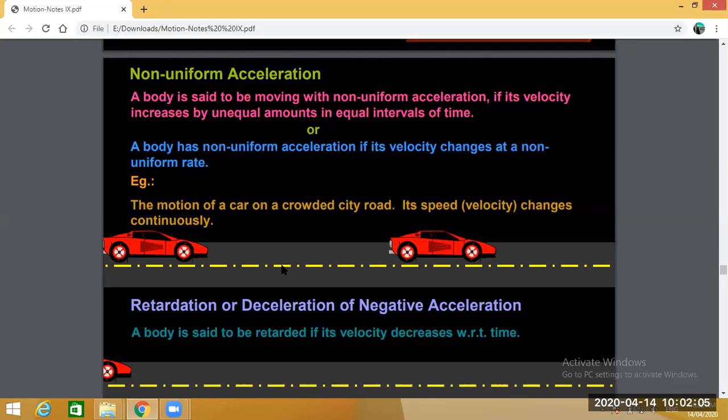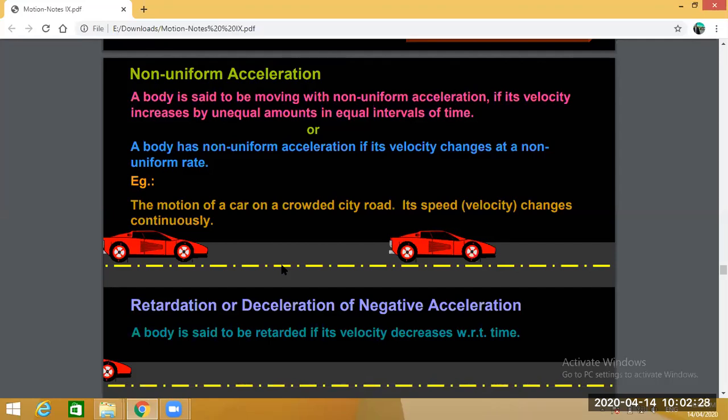Say, once you start from your house, sometimes you start with 10 kilometer per hour, and after that your velocity becomes 15 kilometer per hour, then again becomes 12 kilometer per hour, and again becomes 20 kilometer per hour. So there is not a constant rate of variation of your velocity or speed.